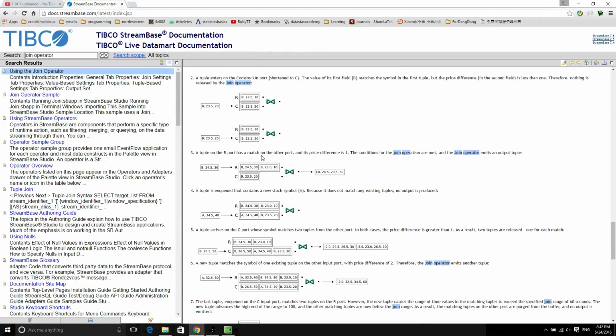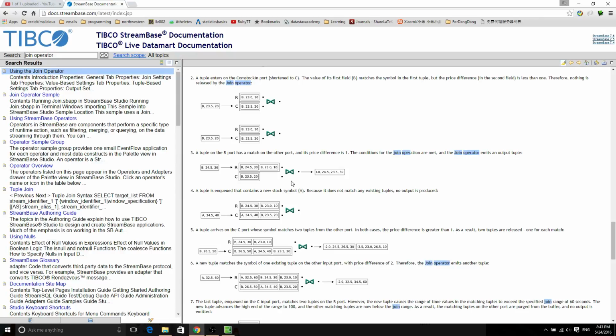So let's move on. The third input is B, 24.5, 30, and it goes to the first input. Now it checks, does it match with anything in the second input? Yes, it matches B. And now, is the difference between 24.5 and 23.5 greater than or equal to 1?